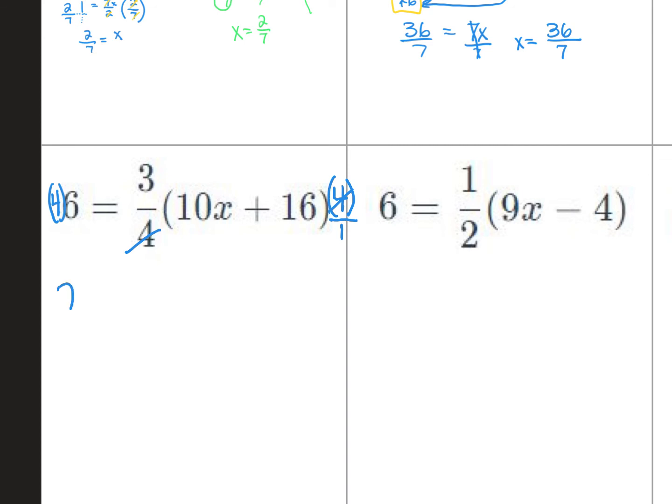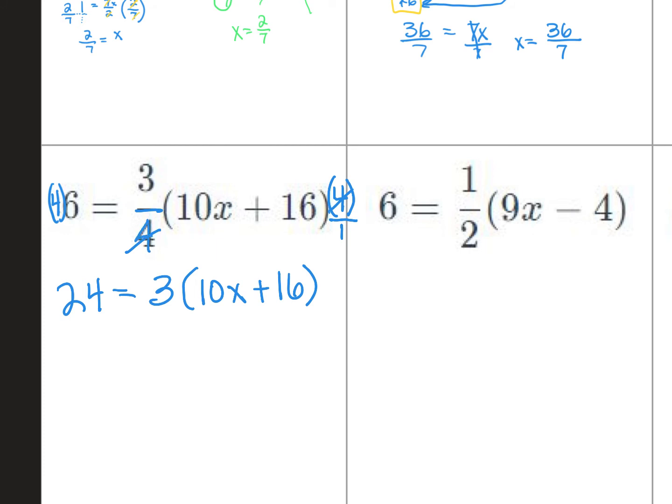And I've got 24 equals, the 3 survives, 3 times 10x plus 16. So we multiplied by 4 to get rid of this divided by 4, basically.